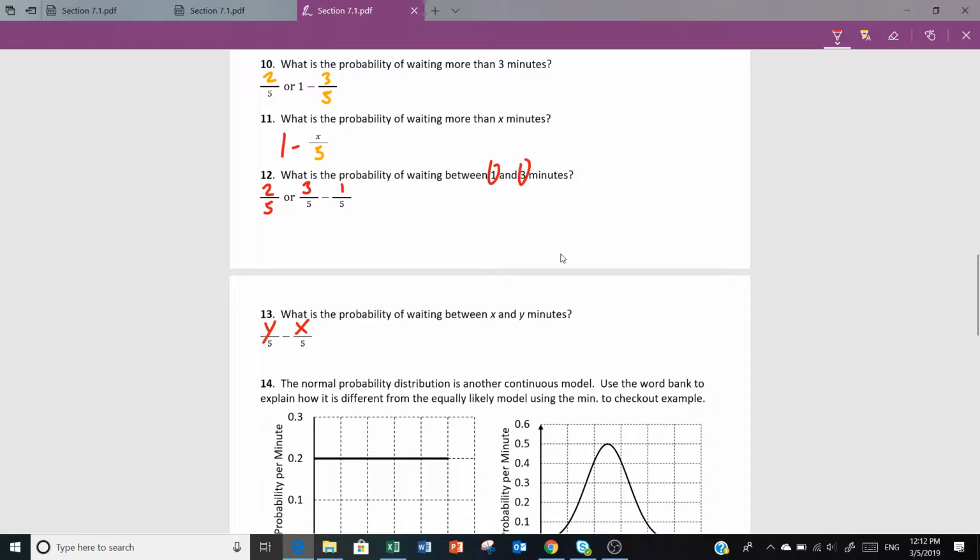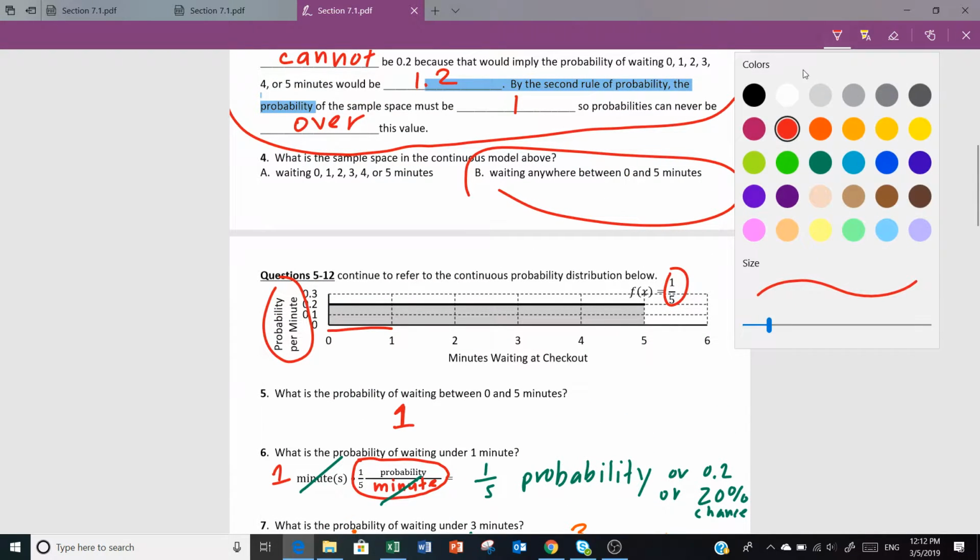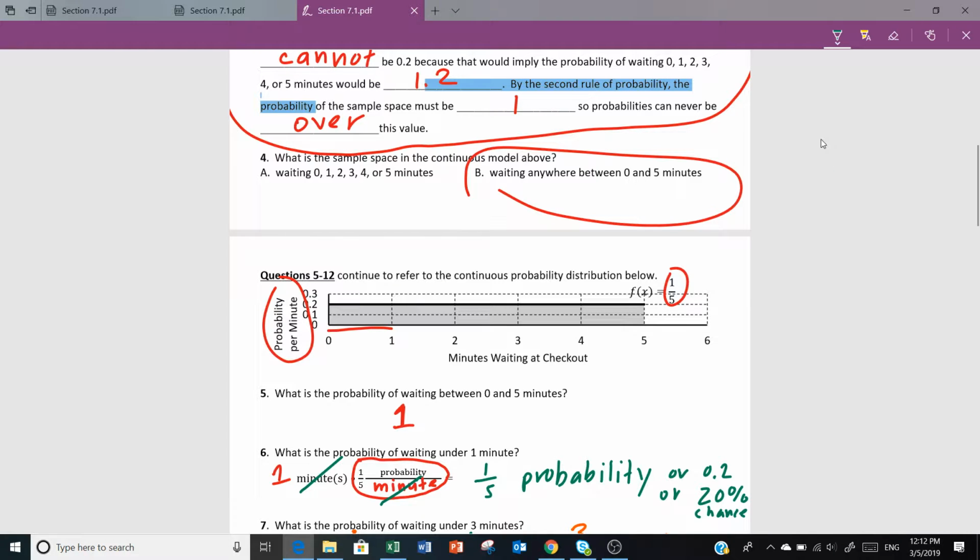Okay, so let's take a look at this. Our goal was to look at the probability of waiting between 1 and 3, which is this probability here. We see that it takes up exactly 2 out of 5 of the whole thing. When we're doing probability, we're looking at the area, at how much room it takes up out of the total. This takes up 2 little components out of the total.